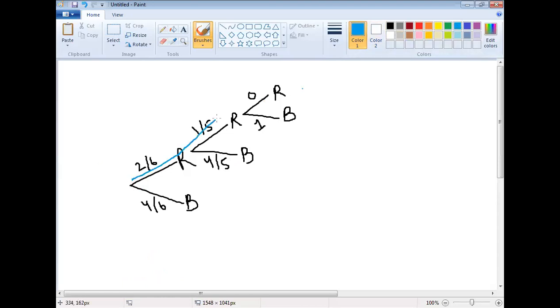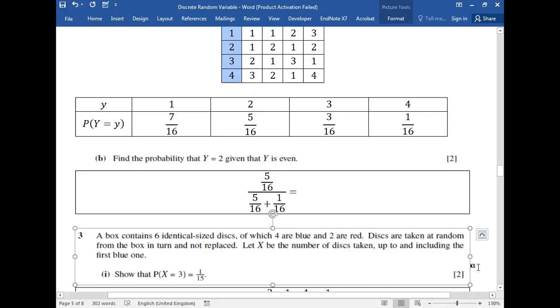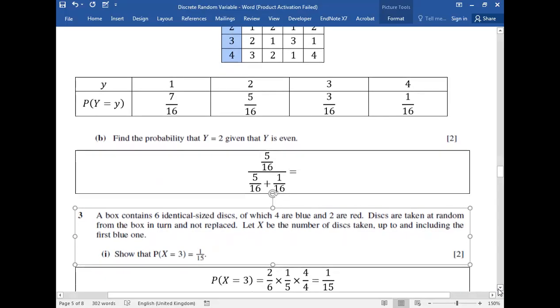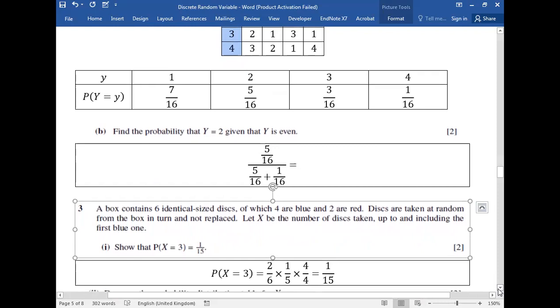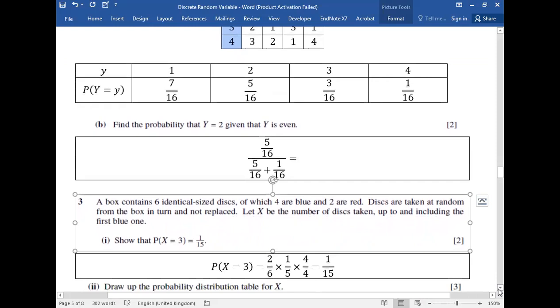The first is red, the second is red and the third is blue. So what is the value? Yes, so 1/15.